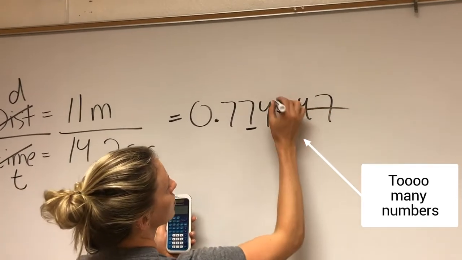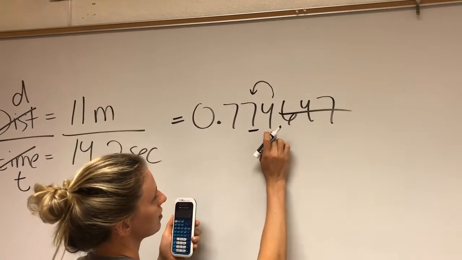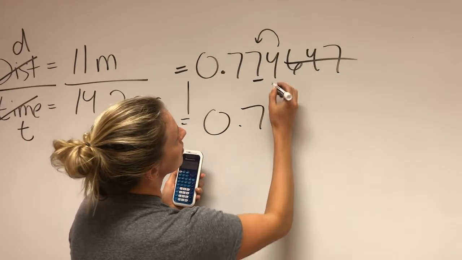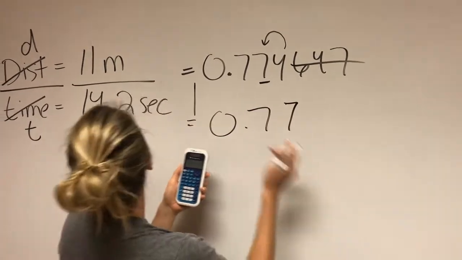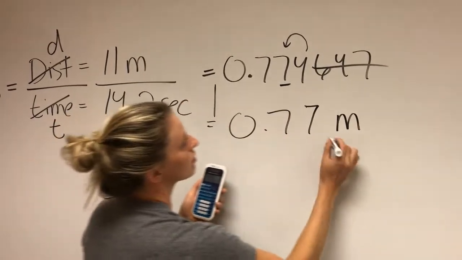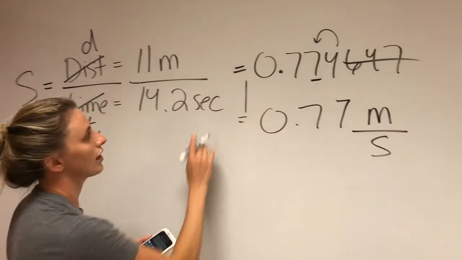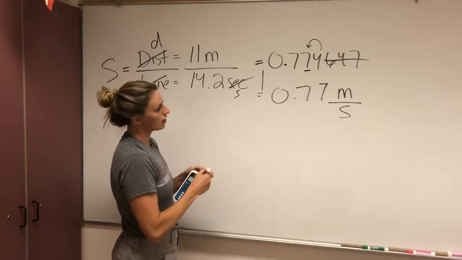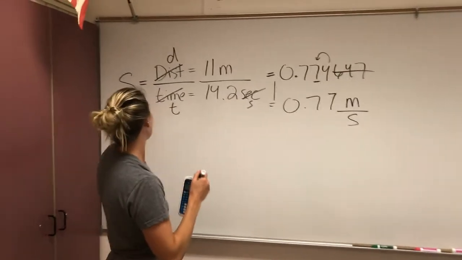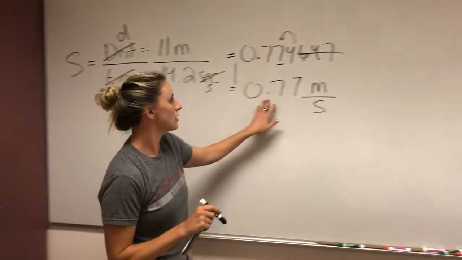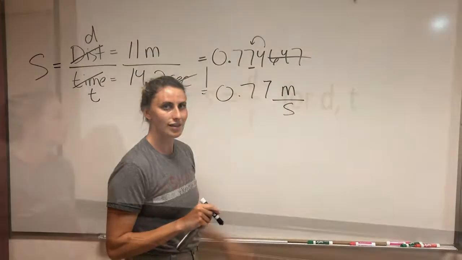So we're gonna ignore those ones. This 4 is less than 5, so we're gonna call this 0.77. My units up top were meters, and on the bottom we have seconds. And again, we're gonna make that an S. We're lazy, okay? So our answer for how fast I was walking, the speed, was 0.77 meters in 1 second.